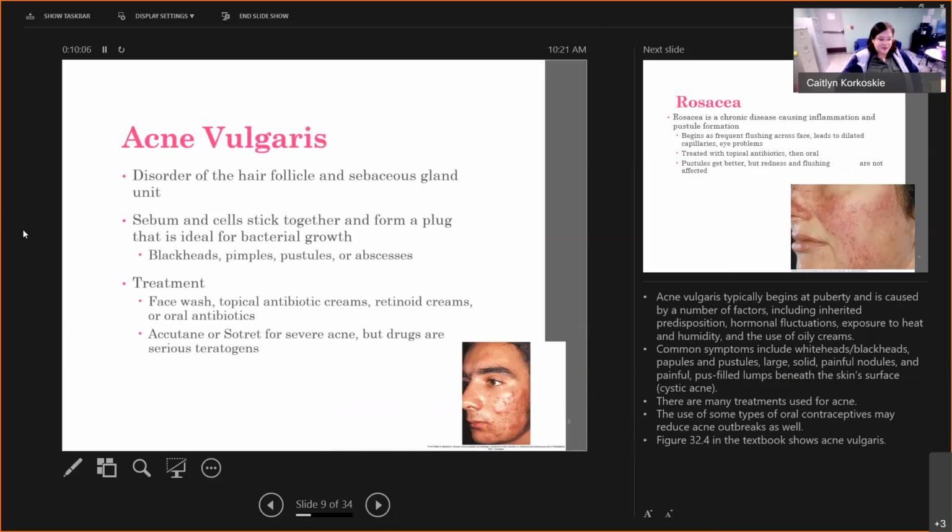The best treatment is, of course, face wash, which you should do regardless of whether you have acne or not, but they'll also prescribe topical antibiotic creams or retinoid creams to help with the inflammation, and sometimes they'll give oral medications as well.